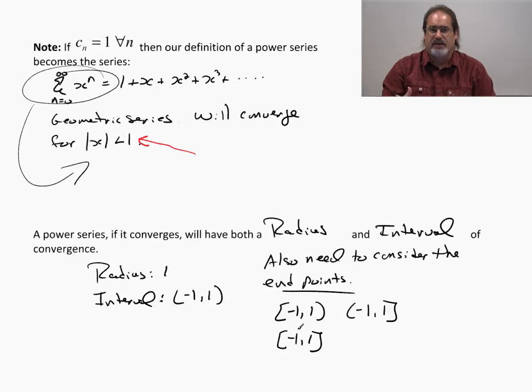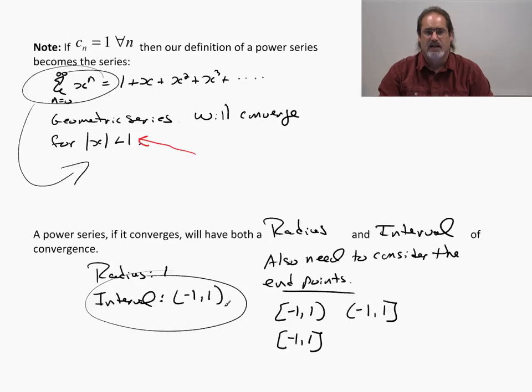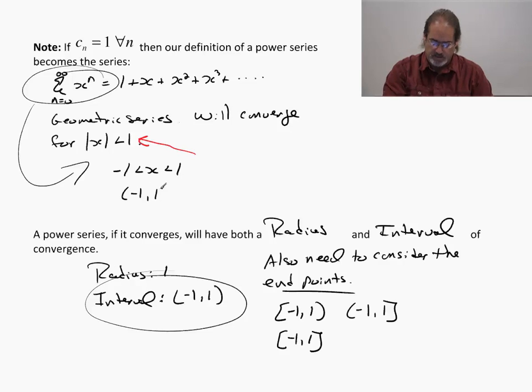We don't know. We need to check the endpoints to see what happens. Now, for the geometric series, we know that it only converges on the open interval. We've already done that. And the way that I got the interval is simply by rewriting this. If I drop the absolute value, what I get is -1 is less than x, which is less than 1. And that gives me that open interval.